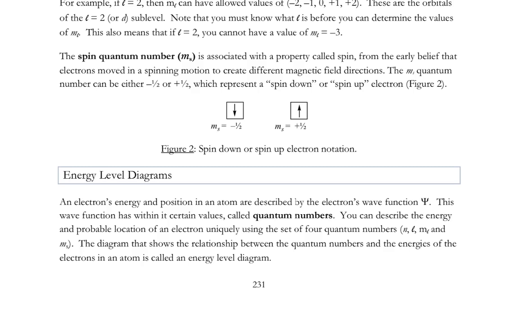You can think of the 3 quantum numbers, n, L, and m sub L, kind of like the address for that atomic orbital. And then m sub S is the information about the electron in that atomic orbital. Does it have spin up? If so, upward arrow, +1/2 for m sub S, or does it have spin down, and so forth.